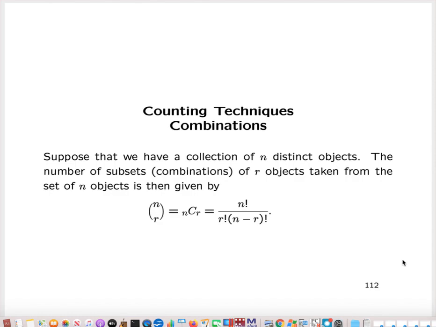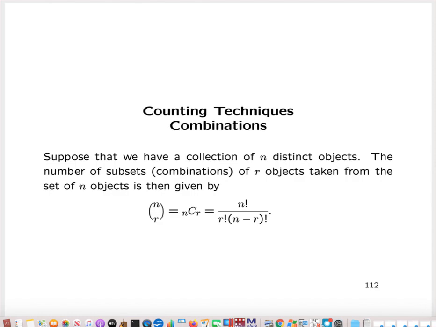Now, in this situation, when we talk about a subset or a combination, the order or the arrangement of those objects is not important. It does not matter the order that they're selected, or the way that they're listed, or the way that they are arranged. So this is necessarily going to be a lot smaller than the number of permutations.